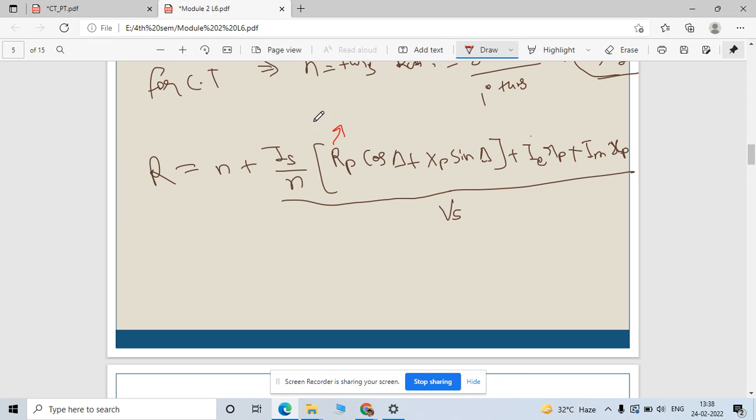RP is nothing but your total resistance referred to primary, meaning the total resistance observed by your primary side, which also includes the secondary resistance referred to primary. Okay, so this is your total resistance, and this is the only resistance from your primary side.